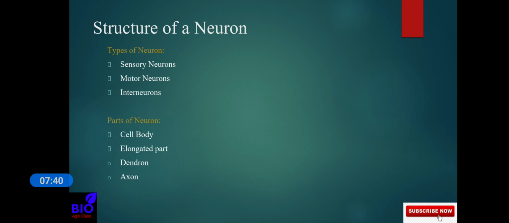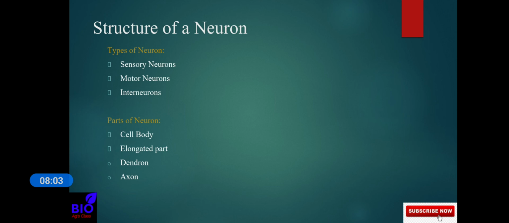The sensory neurons convert signals from the external environment into corresponding internal stimuli. The sensory inputs activate the sensory neurons and carry sensory information to the brain and spinal cord.